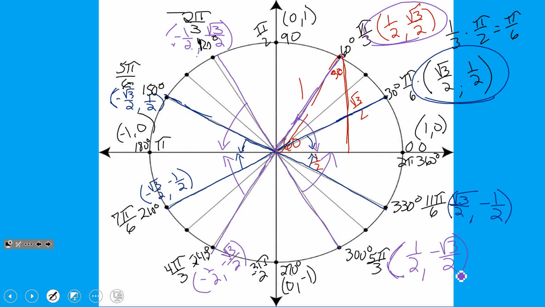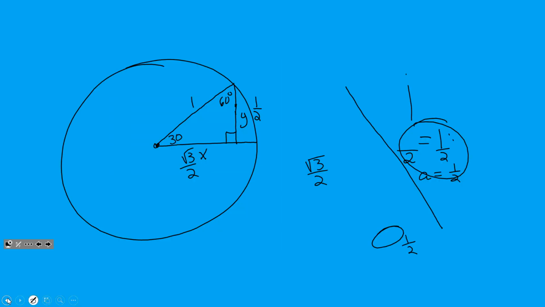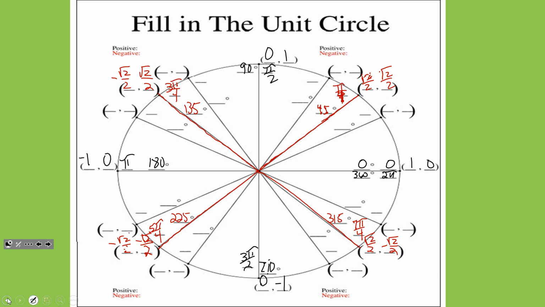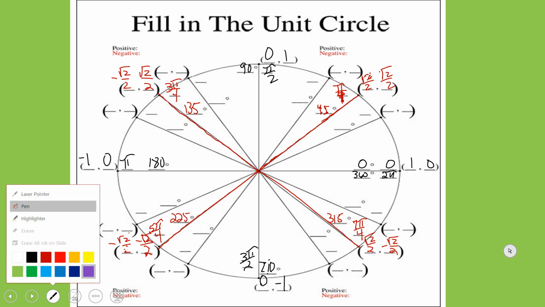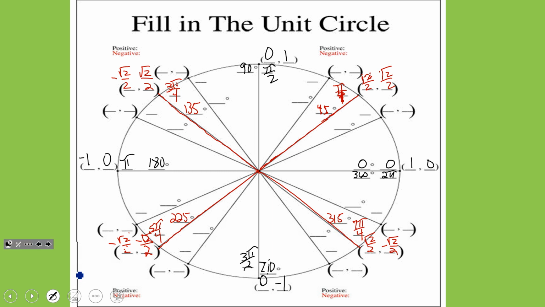Okay, so we're almost finished. We just got to put it all together. All right, so what I need you to do is go back to your original. And we're going to take some time and we're going to fill it all in. Okay, so let's start with, let's mark your 30 degrees in one color.